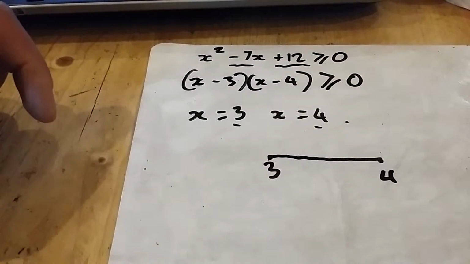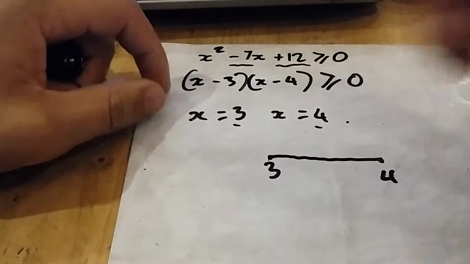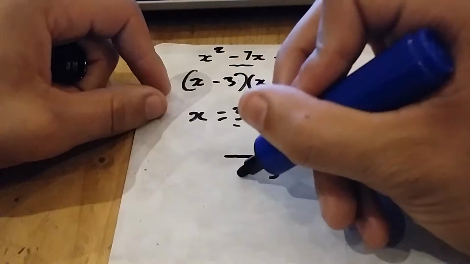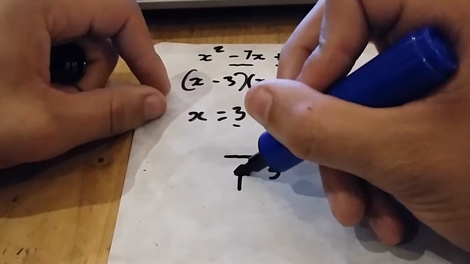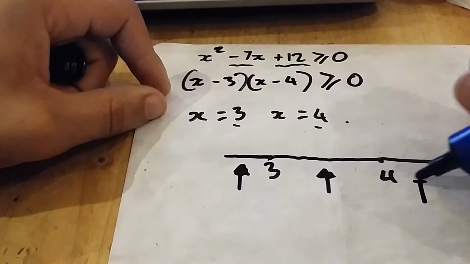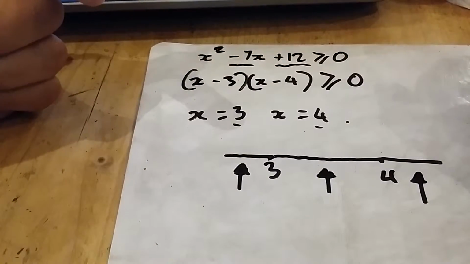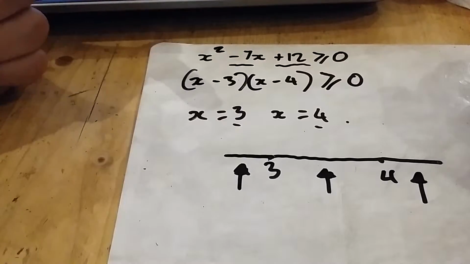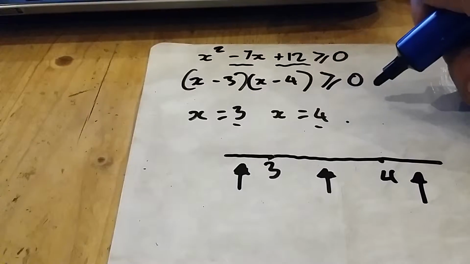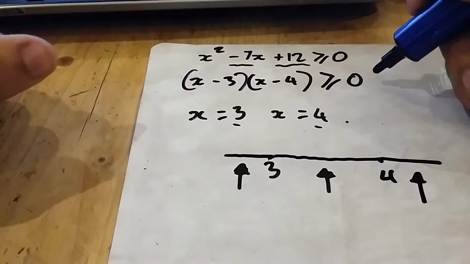And what we're going to do is this. We need to pick a number in front of 3, before 3, in the middle of them both, and after 4. We're doing this because we need to know where the inequalities lie to satisfy this quadratic inequality here.